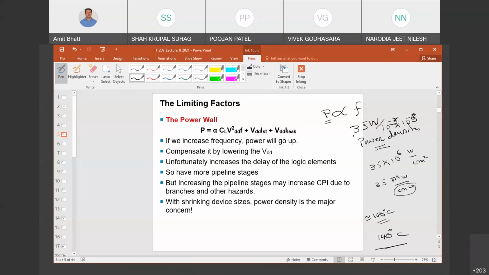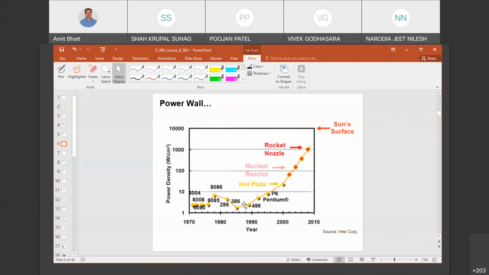There is a talk which was given by one of Intel's founders. And he put up this graph. He showed power density in terms of watts per centimeter square. He started by saying that in the 1990s, power density was around 10 watts per centimeter square because chips were larger. Then came Pentium. So you touched 100 or whatever.